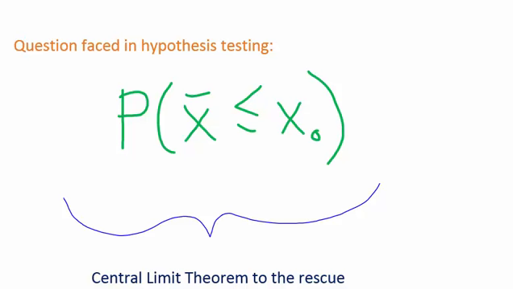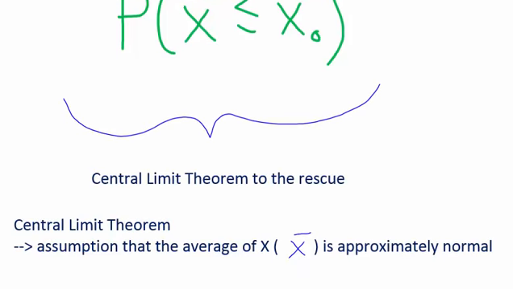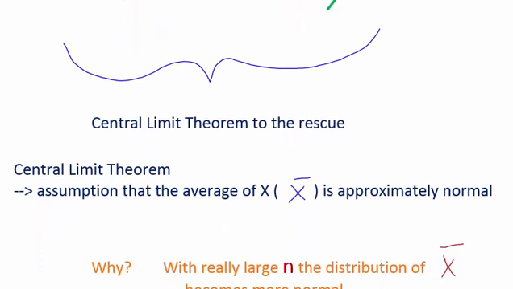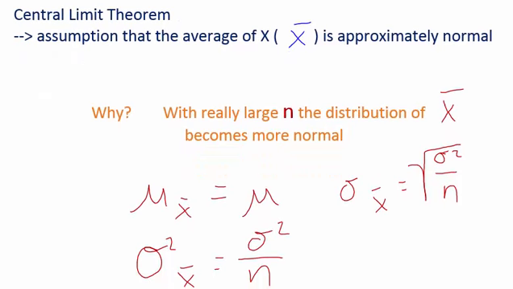Essentially what happens is that in our central limit theorem, we assume that an average of x, so our x bar, is approximately normal. The reason is that when we have a really large number of observations, the distribution of that average becomes more normal.